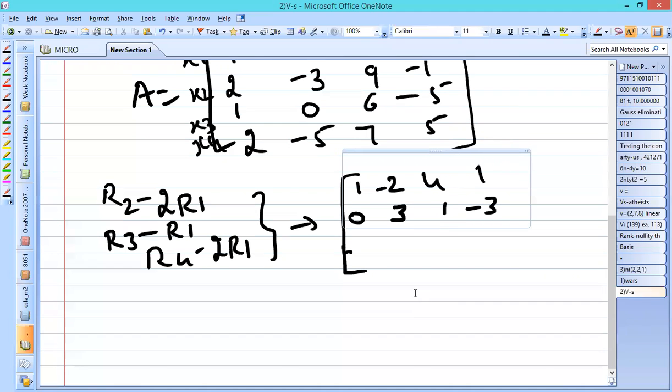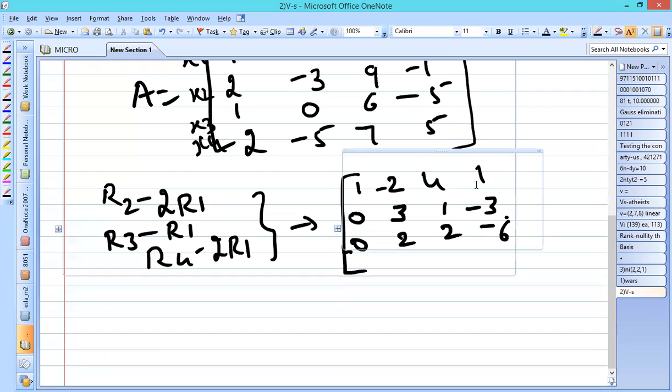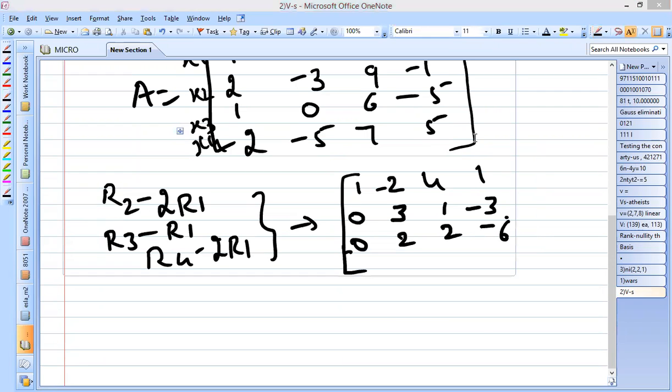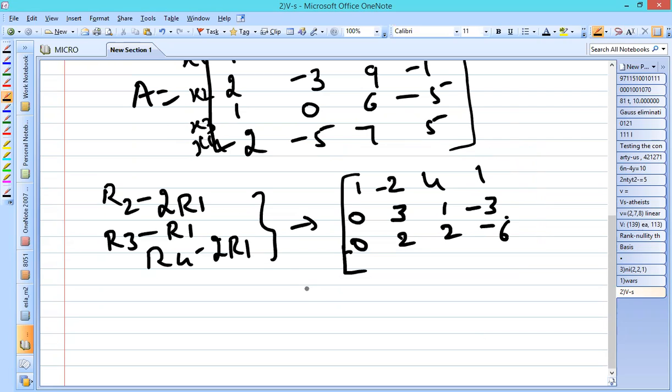Next, R3 minus R1 gives 0, 2, 2, minus 6? Check that. Then 0, minus 1, minus 1, 3. These are the elements obtained after performing these three operations.